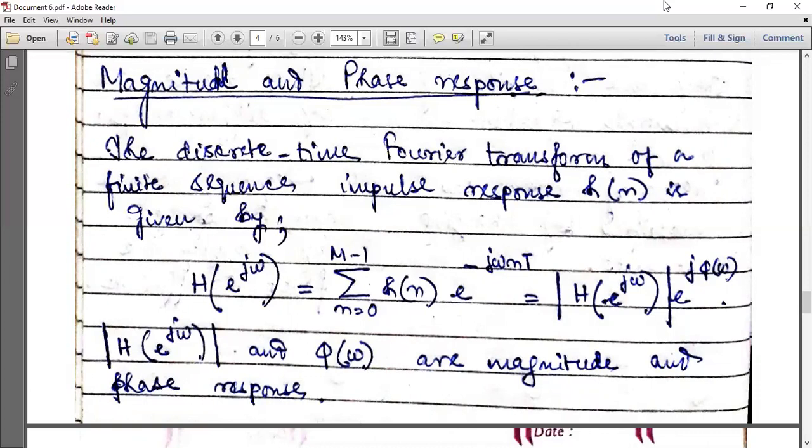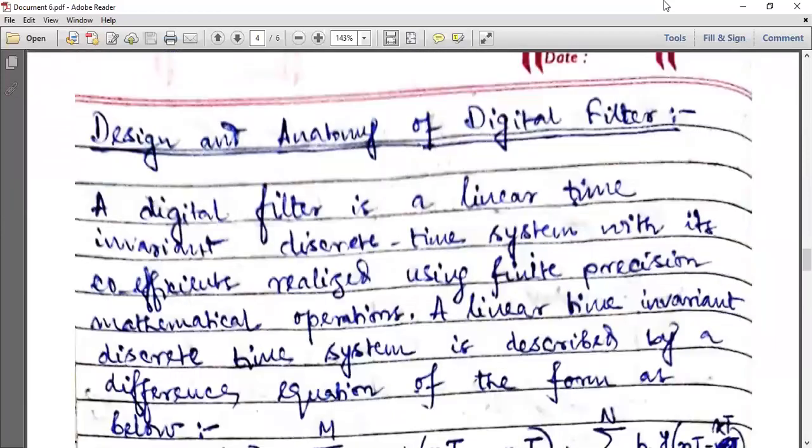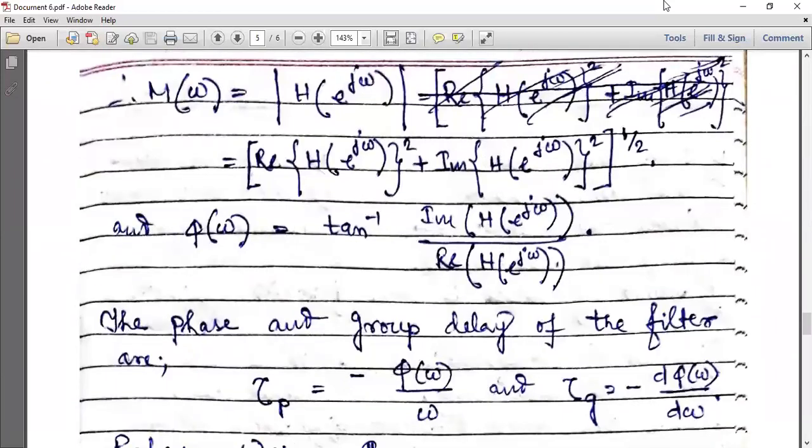And this can be represented as mod of H of e to the power j omega into e to the power j phi of omega. Now, phi of omega is the phase response, and mod of H of e to the power j omega is the magnitude response of the digital filter.